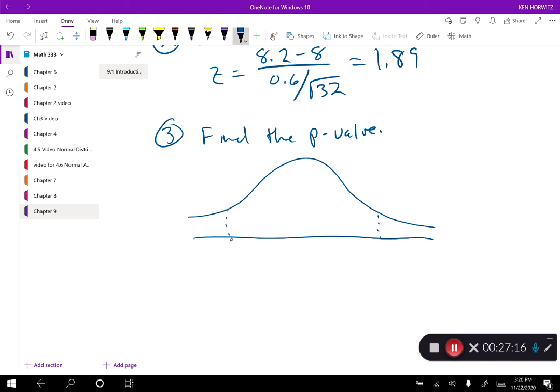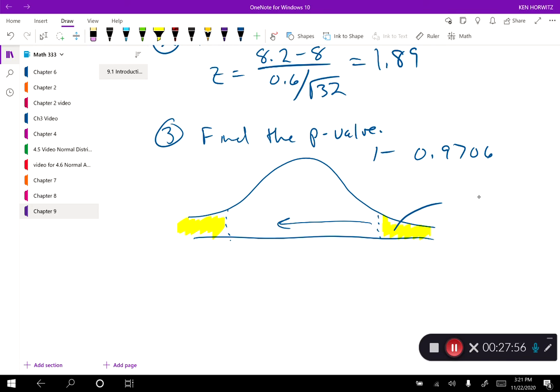I'm getting the area all the way to the left, but I just want the area in the tails. I'm going to find that the area of 1.89 is 0.9706, and I'm going to say 1 minus that to get my area to the right. I get that area as 0.0294.